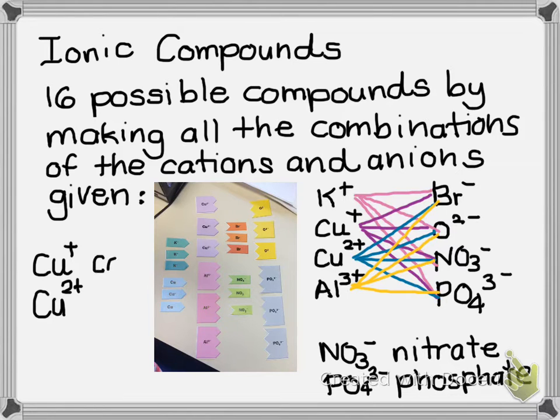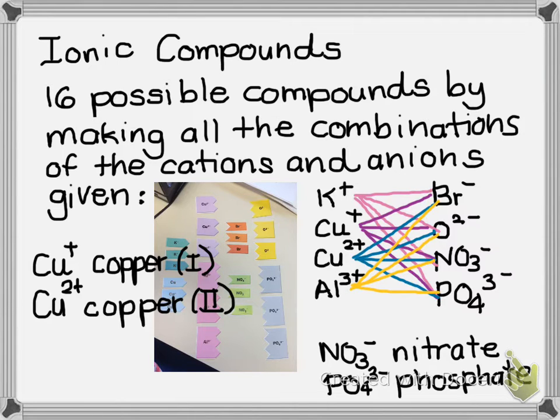The big difference here is in the naming. Because copper can have 2 charges, we write using a Roman numeral what the charge would be. So that we would distinguish between a copper with a 1+ with a Roman numeral 1, and a copper with a 2+ with a Roman numeral 2.